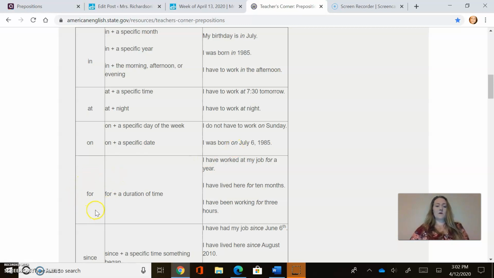The next word, for, is a duration of time, a period of time. I have lived here for 10 months. Sometimes I'll ask, how long have you lived in the United States? And you might say, I have lived here for 2 months.